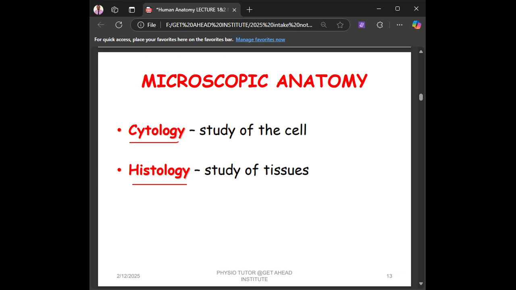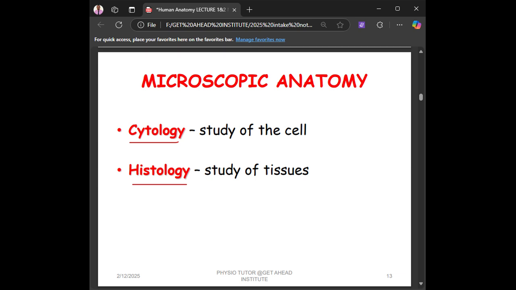Then we also have histology, which has to do with tissues. To elaborate further, histology is also coined from two words. You have histos, which means web or tissue, then we have logi or logos, which also means study. So this component of microscopic anatomy is the study of tissues.